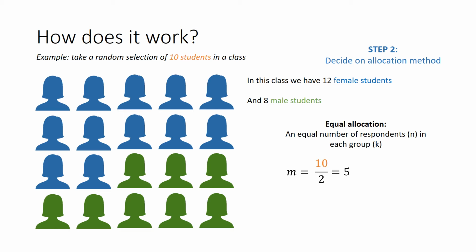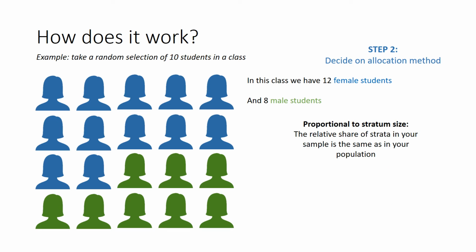In this example, we would have to divide our sample size of 10 over 2 strata, which would give us 5 respondents in each stratum. Of course, equal allocation is not always 100% equal. In this example, if we were to have 3 strata, we would have one slightly larger stratum.